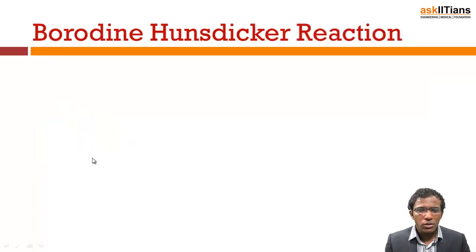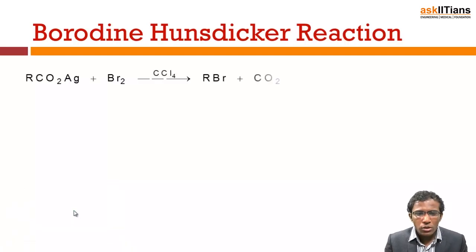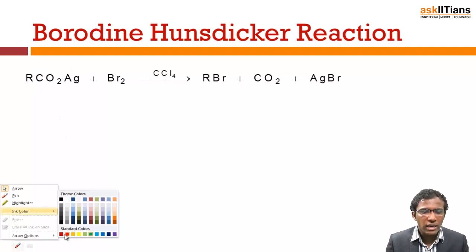Let's move to the last method of preparation, that is the Borodin-Hunsdiecker reaction. In this method we use the silver salt of carboxylic acid. RCO2H, that is RCOOH, is the carboxylic acid.